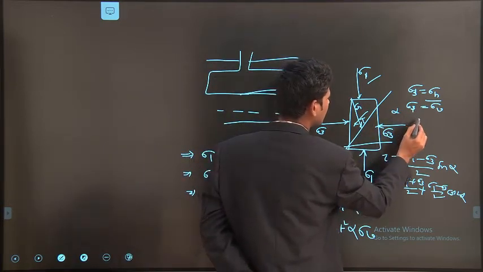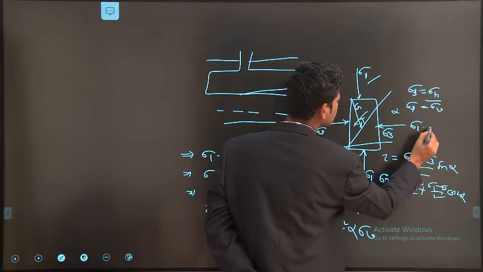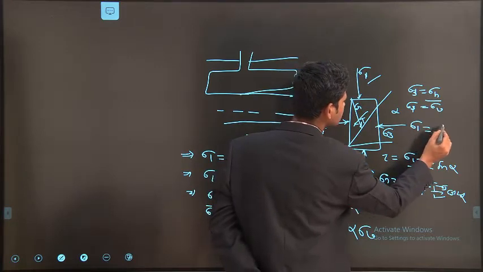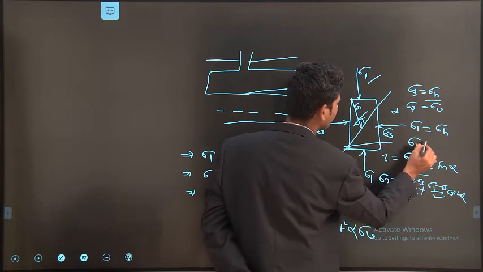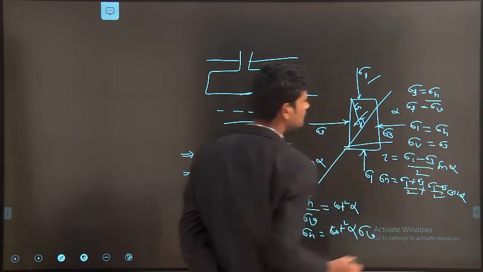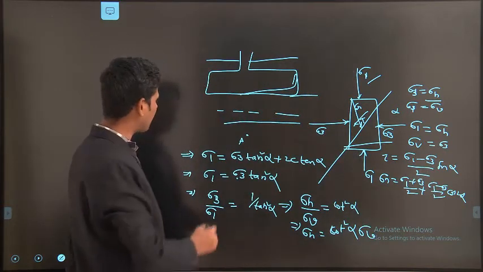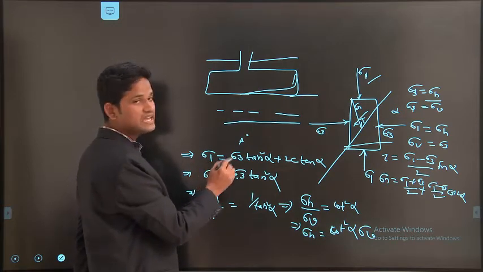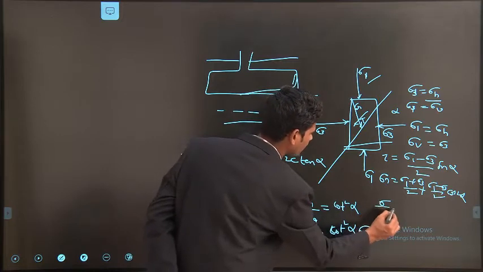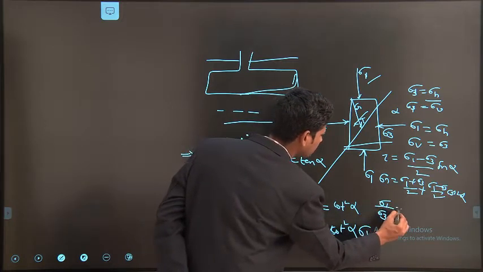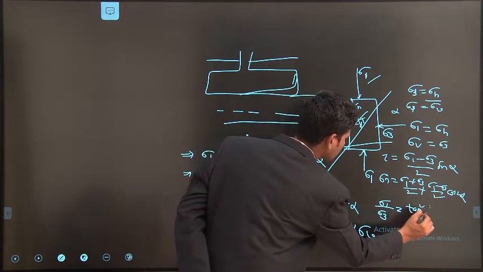Whereas in the passive condition, we take sigma 1 equal to sigma h and sigma v equal to sigma 3. In those conditions, we have the formula sigma 1 divided by sigma 3 equals tan square alpha.